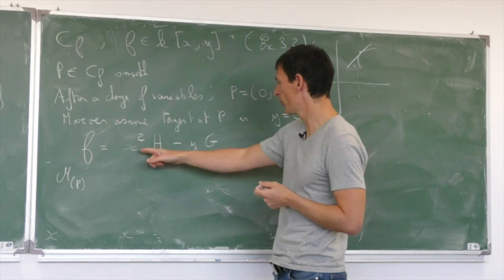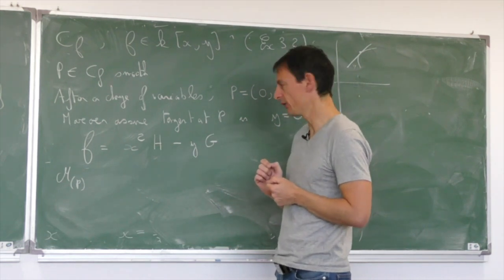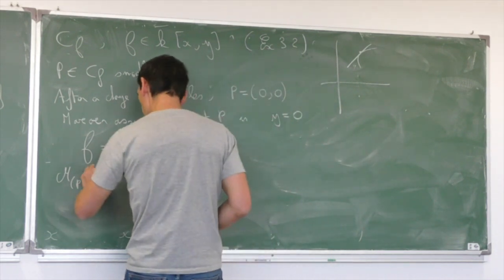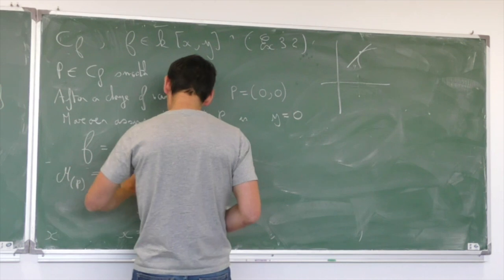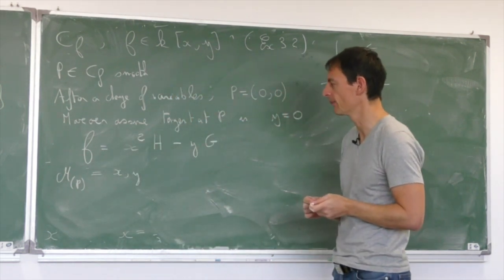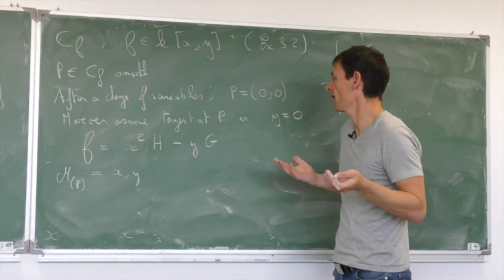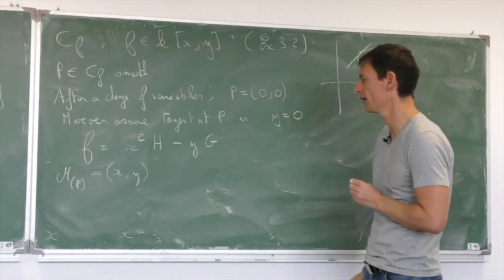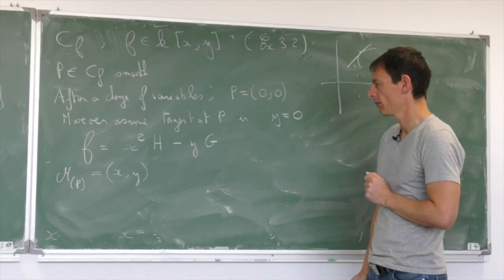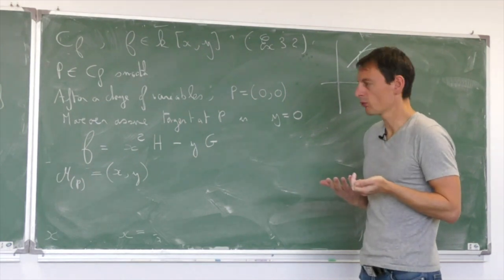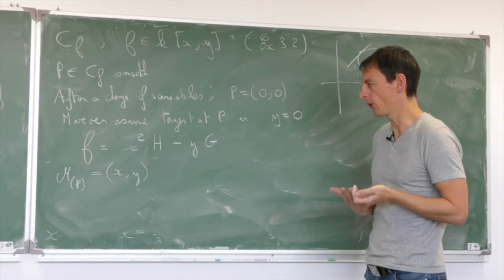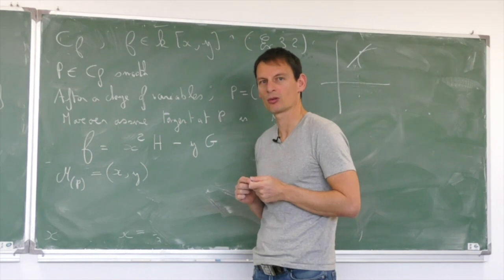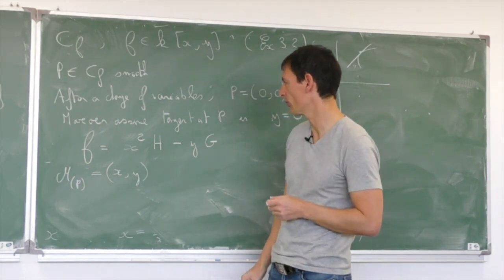But now, of course, x at 0, 0 is 0, and y at 0, 0 is also 0. So it means that x and y are inside the ideal MP. It can't really be much bigger than this, right? So you have everything like that. But we are not done, because we want something which is principal. So one of these two generators is too much. It can be expressed as the other one.